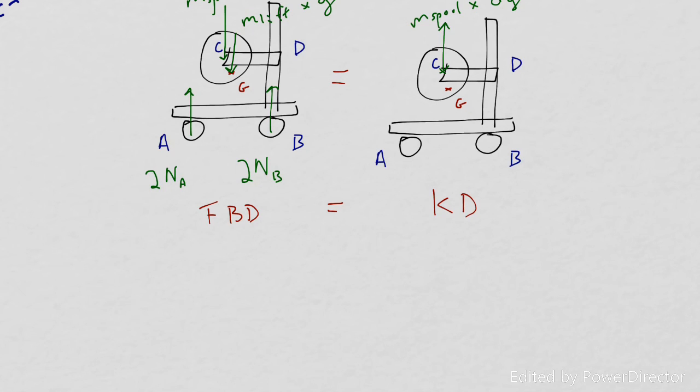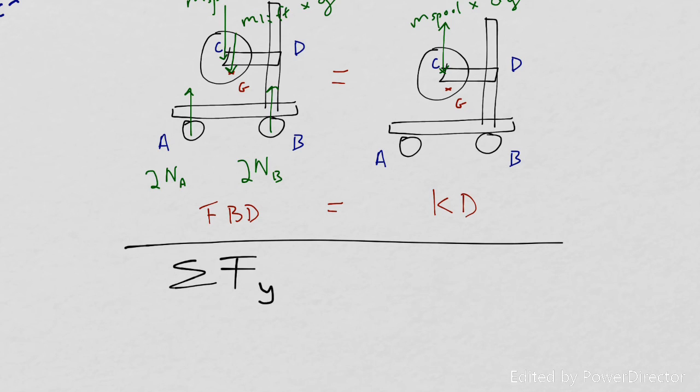So after we got our NA, now we can resolve our NB by writing summation of Fy equal to M AY. So one is the free body diagram, another one is the kinetic diagram.